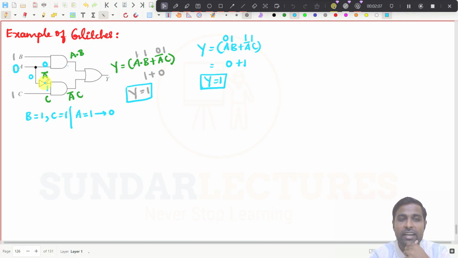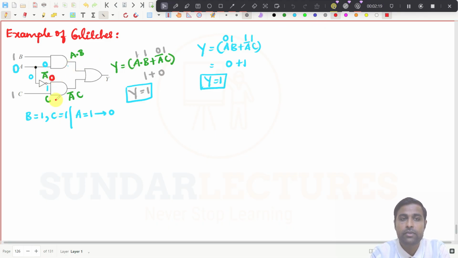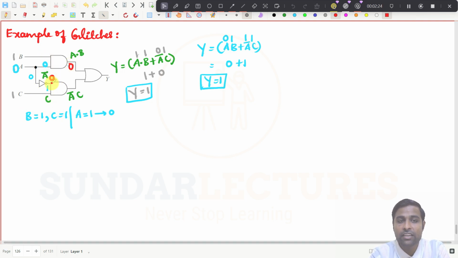If it takes an extra time of a propagation delay, what happens now? This is already 1 and then this, maybe I will write it in red color, this is already 0, right? So if this is 0, this would have been 0. And if one input of the AND gate is 0, this will also be 0.